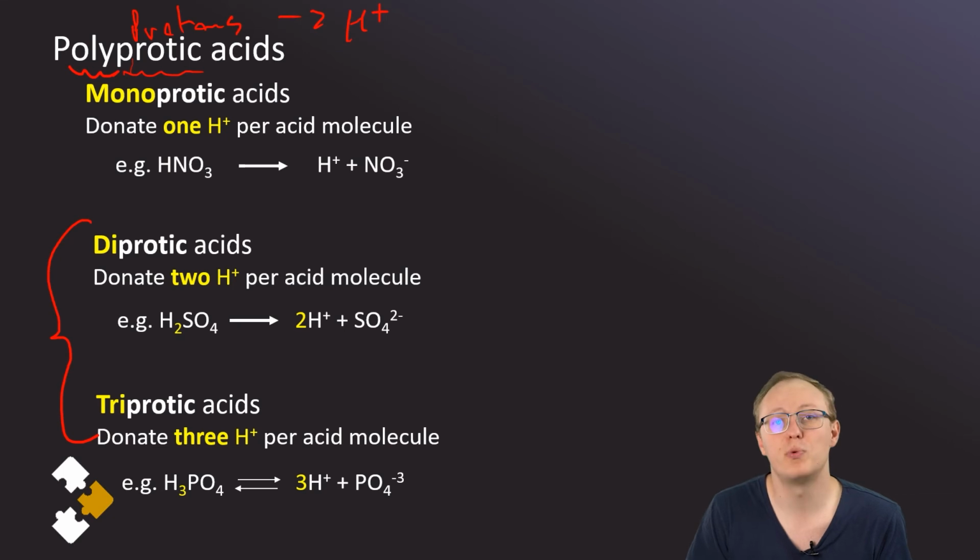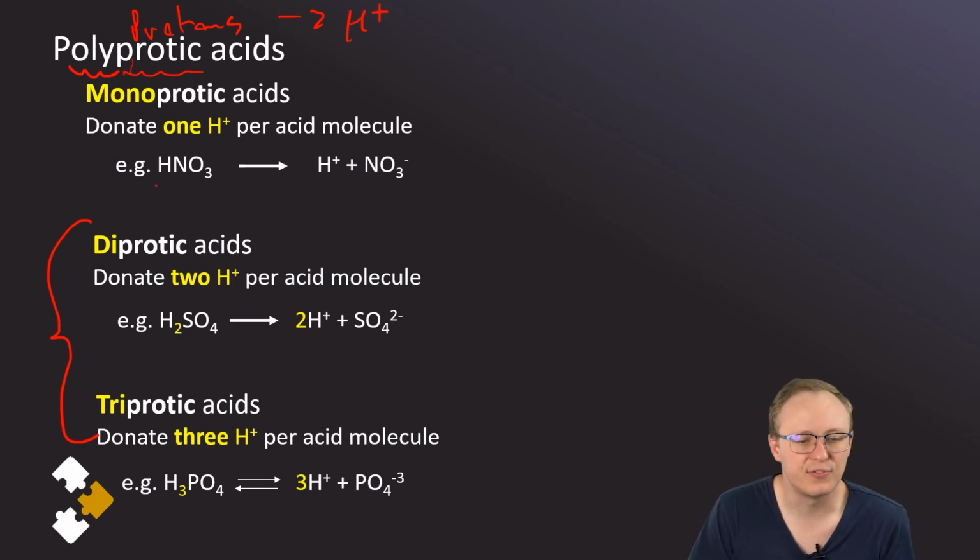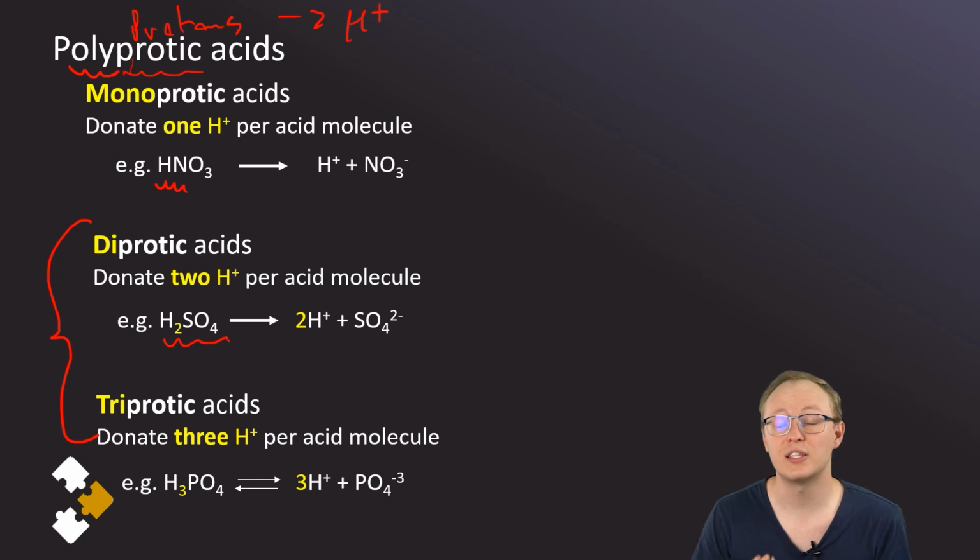So a monoprotic acid only has the one proton to donate, whereas a diprotic acid has 2 protons to donate. So that's, for example, going to be sulfuric acid. And then a triprotic acid would have 3 protons to donate, like phosphoric acid.